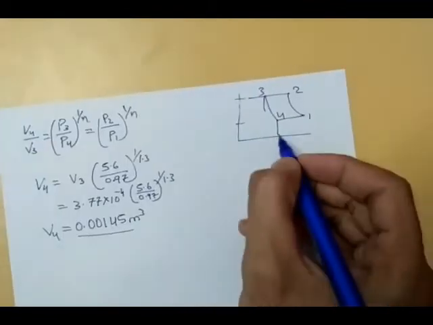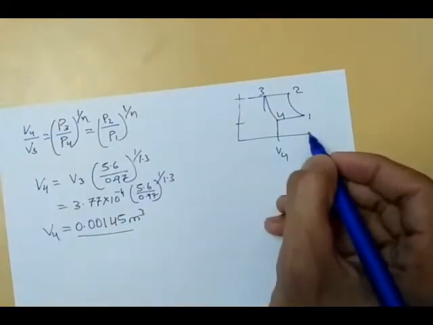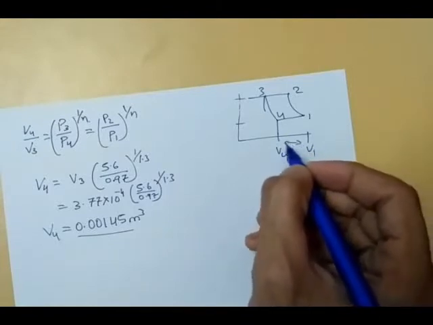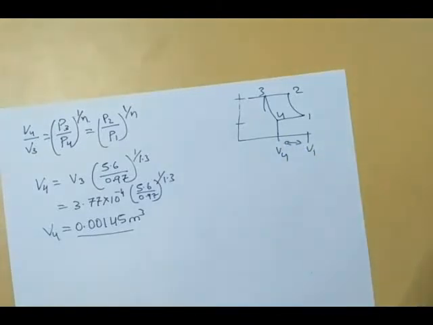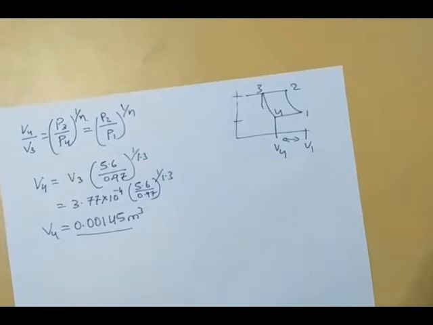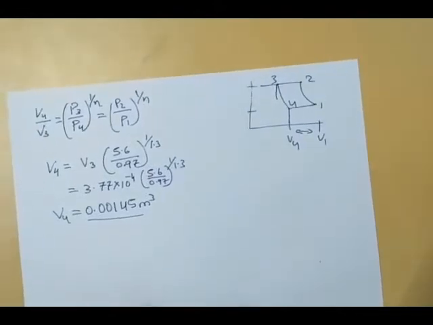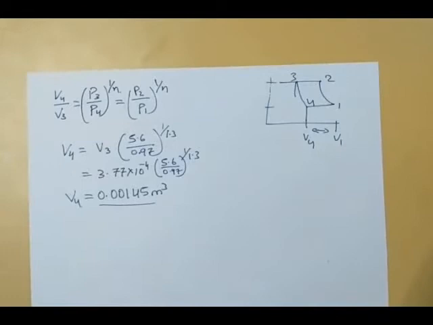So now we have V4 and V1. This is called the effective swept volume. That is what we have to substitute in the equation of power, that is indicated power.